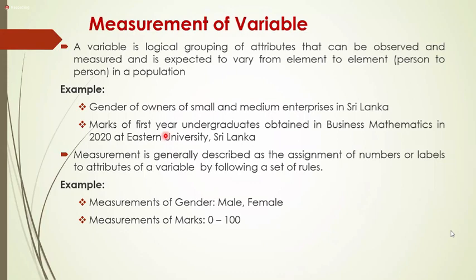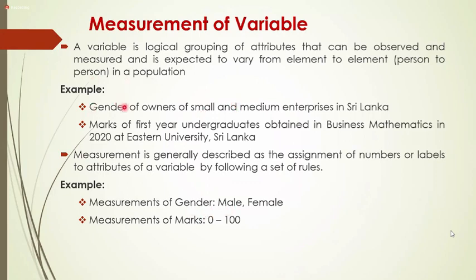Measurement is generally described as an assignment of numbers or labels to the attributes of a variable by following a set of rules. Based on the set of rules, we assign the attributes, numbers or labels. For gender, historically, we have male and female.